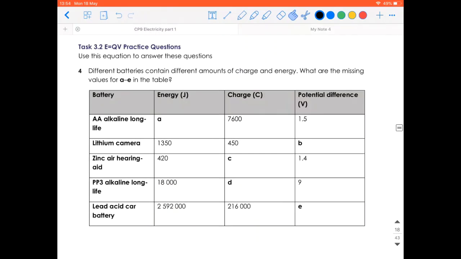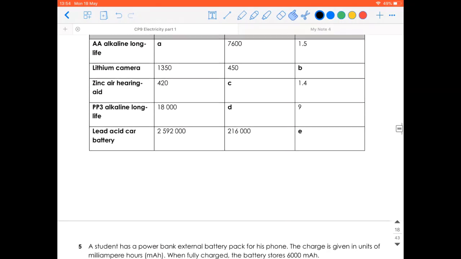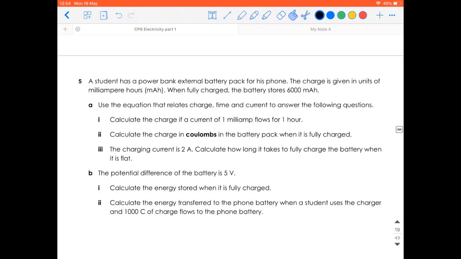I'll let you do the rest of those yourselves, but I'm just going to move on to this question, and something to watch out for here. The student has a power bank external battery pack for his phone. The charge is given in units of milliamp hours. Now don't worry too much about that, because the question is going to take you through it, but the one thing you might be struggling with is the idea of a milliamp.